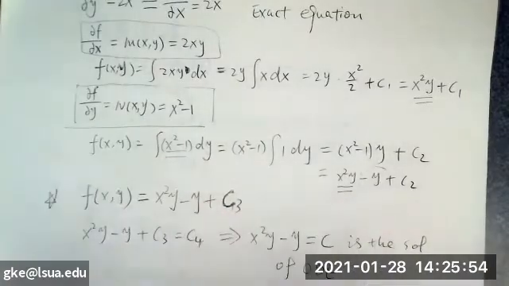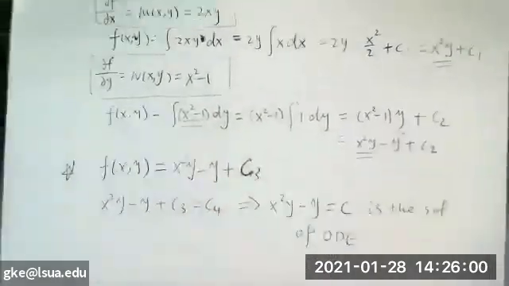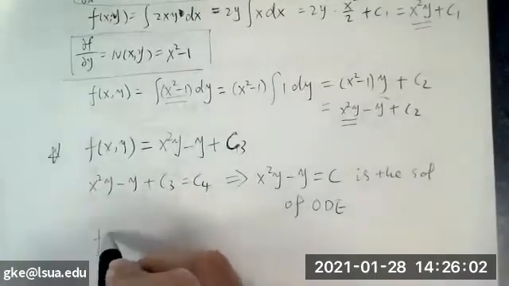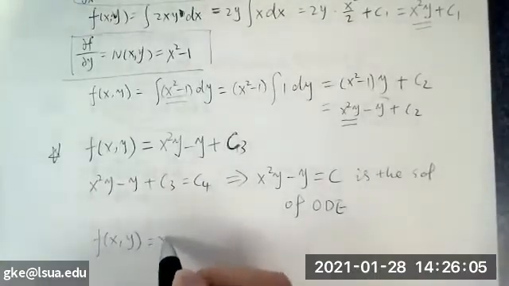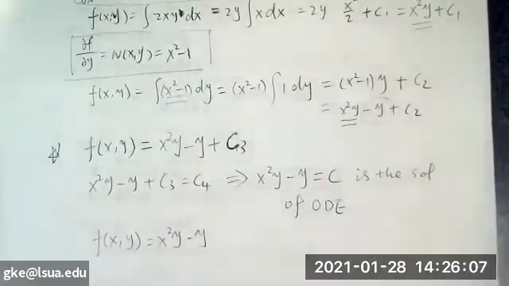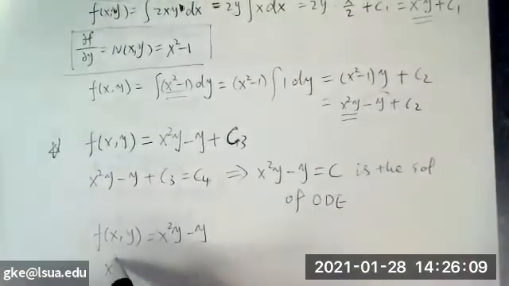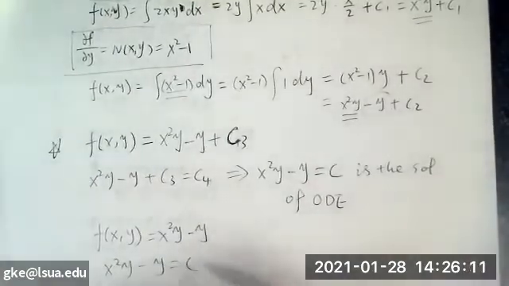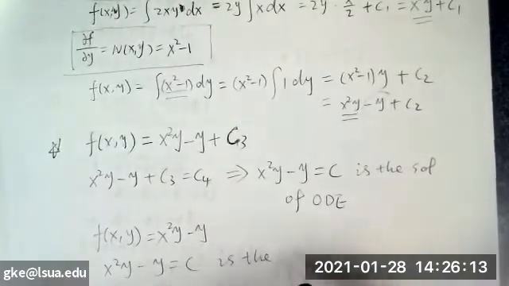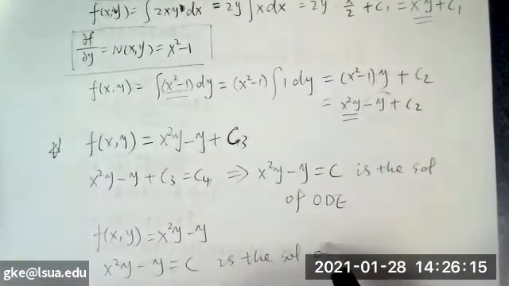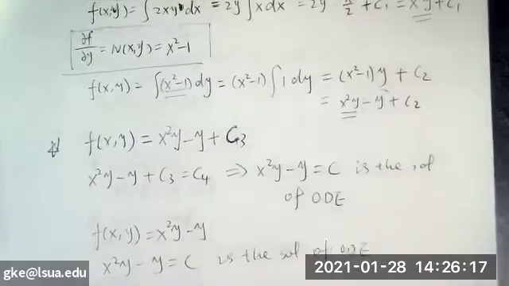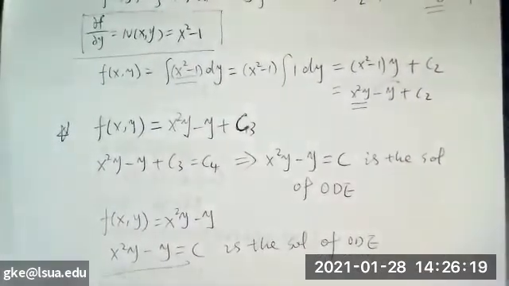Usually people don't like to write down the constant on your homework. So on your homework, probably just like that. The format will be x squared y minus y. Then you can say this guy equals a constant is the solution of the ODE, like we mentioned before.